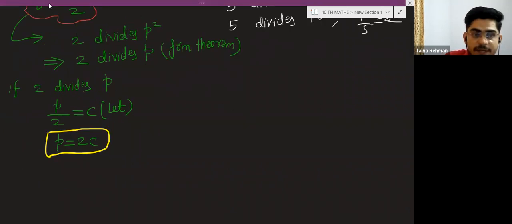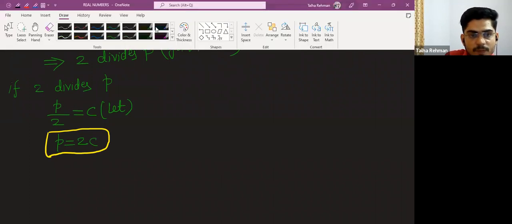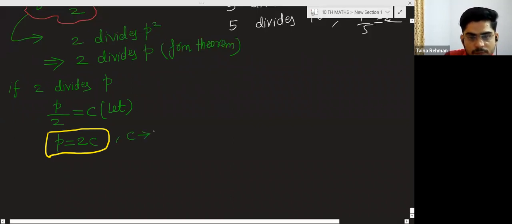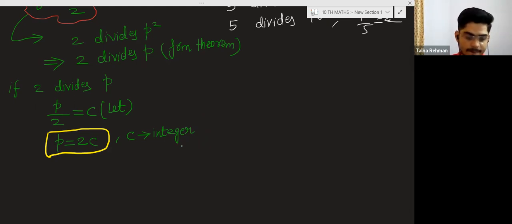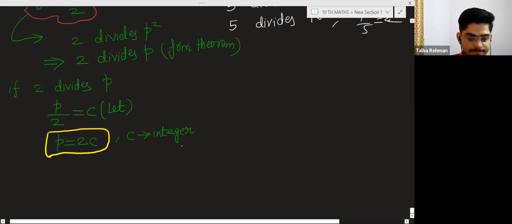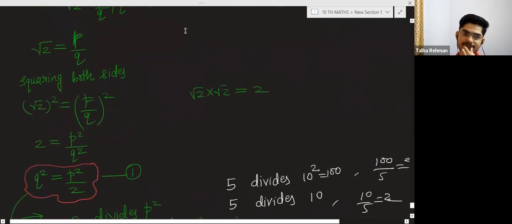And c is again an integer. Integer means 1, 2, 3, minus 1, minus 2, minus 3, minus 5, like this. Okay, Azaan?